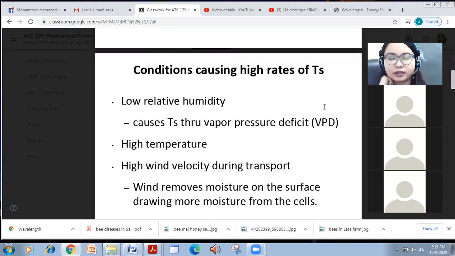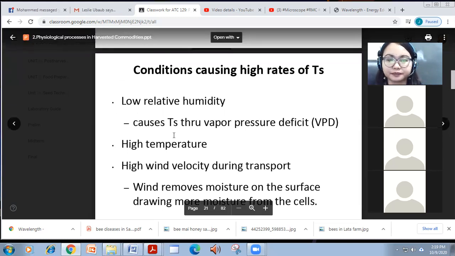So don't get confused. Transpiration always depends on the situation. It can either be good or bad for our post-harvest commodities based on the different conditions. Like for example, low relative humidity.